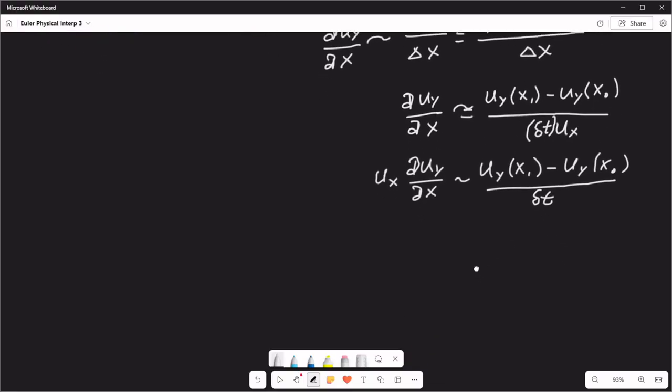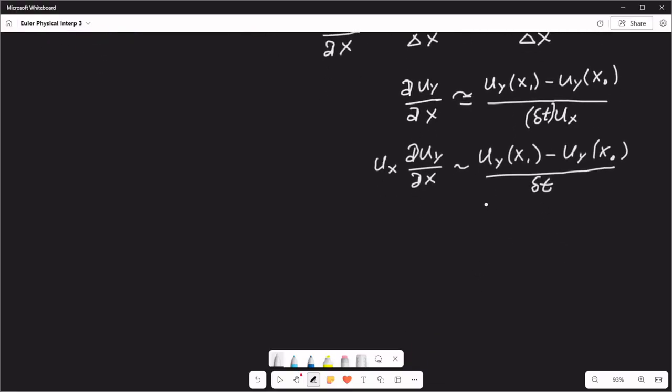At this point, notice that this is basically an acceleration. So this looks like the change in uy of that particular particle for a change in time. So this is not the change in uy.